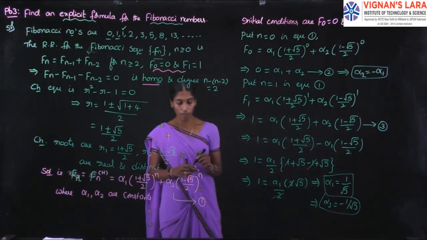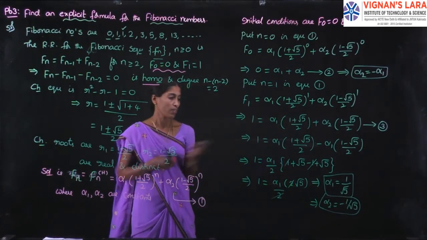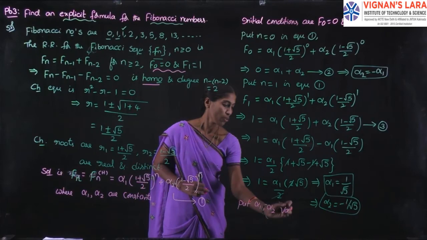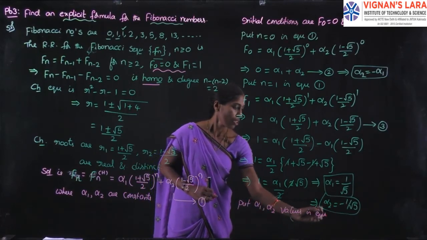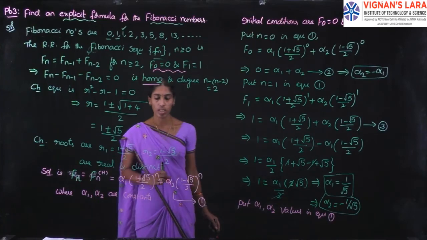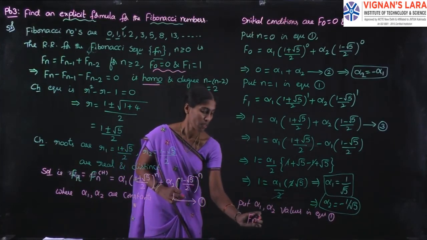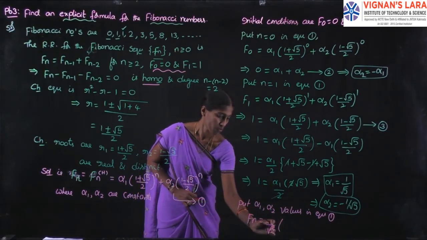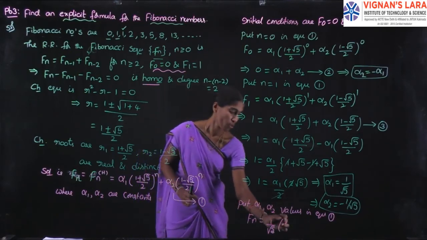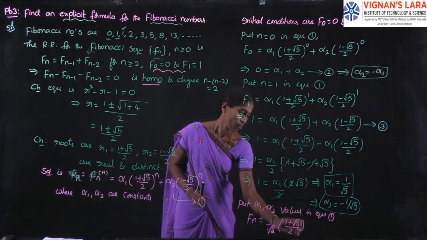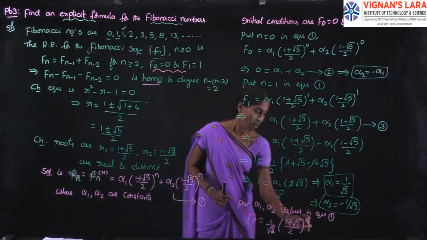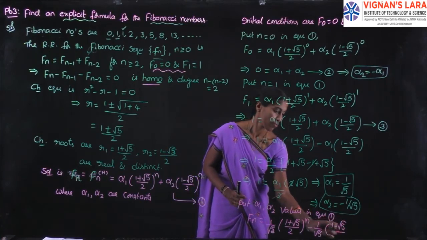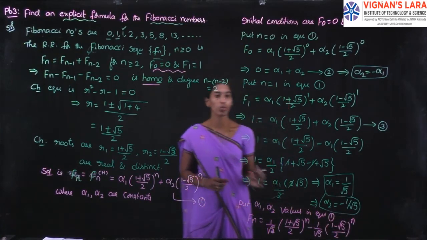Now substitute alpha 1, alpha 2 values in equation 1. We will get the solution. What is the solution? Fn is equal to 1 by root 5 into 1 plus root 5 by 2 whole to the power n, minus 1 by root 5 into 1 minus root 5 by 2 whole to the power n.